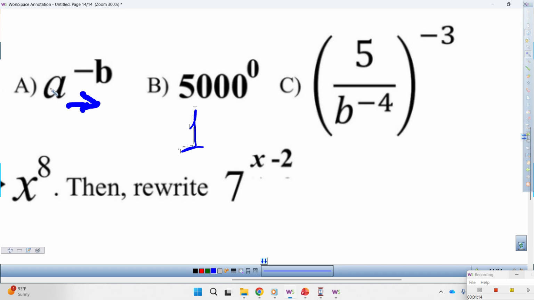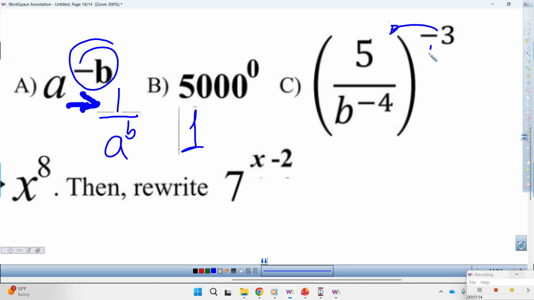All right, so for 1A, we can't have negative exponents, so we send that to the denominator, and we change the exponent to a positive, and we put a 1 on the top. C, you distribute the power here and here. So that gives us 5 to the negative third power over b, negative 4 times negative 3, that's positive 12.